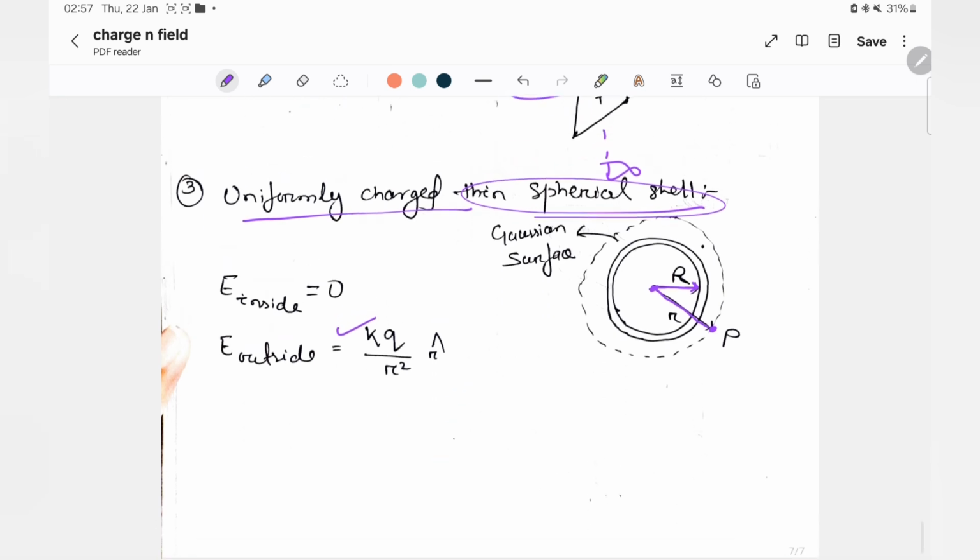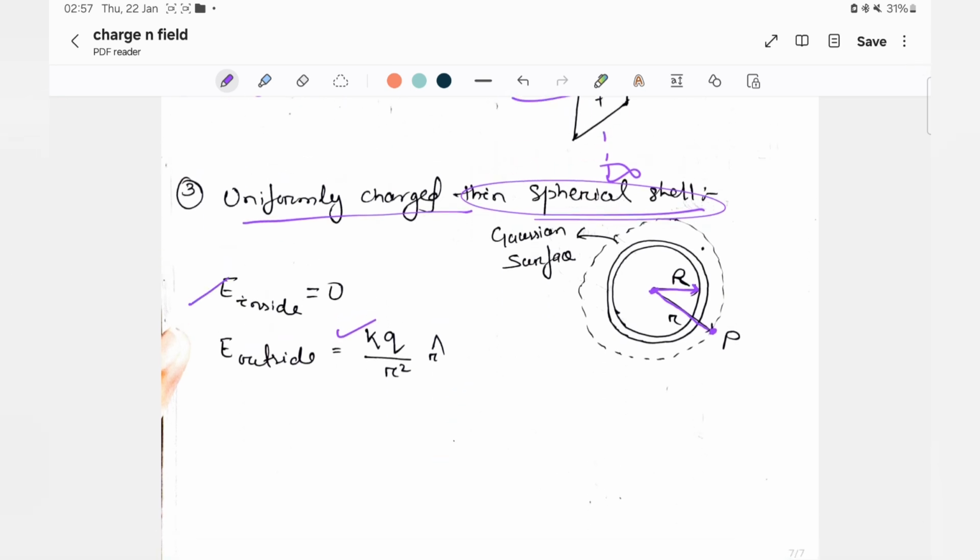Now why is this 0? It will take another class, as this is a long process. Spheres are of two types: conducting and non-conducting. Thin spherical shell, hollow, and solid sphere.